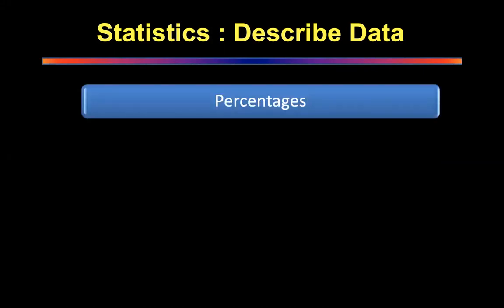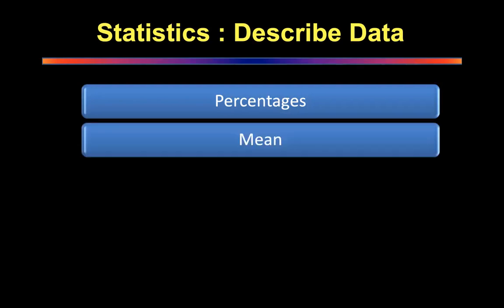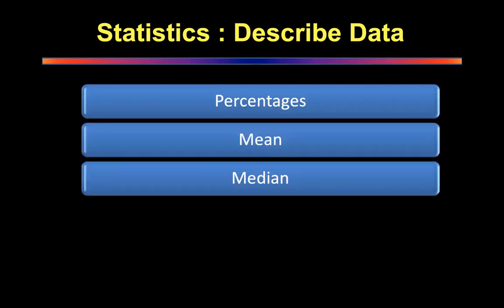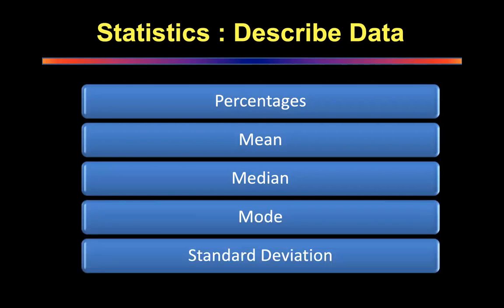And the statistics that describe data are percentages, mean, median, mode, and standard deviation. Okay. So I have categorized everything into various packages, so you will understand it more easily. So the first is statistics that describe data. So percentage, mean, median, mode, standard deviation. That is statistics which describes data.